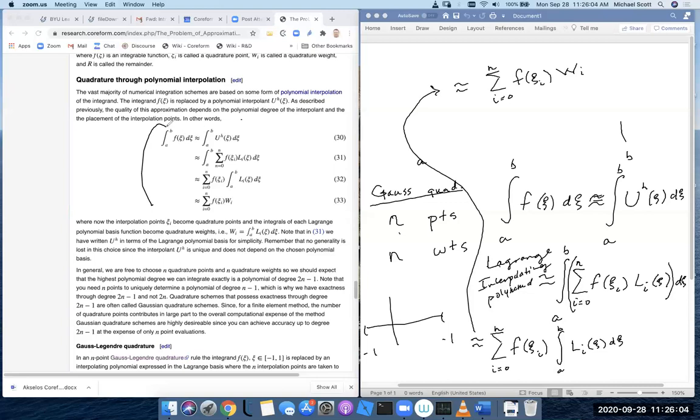But irrespective of that, given an endpoint rule, it generates a particular interpolating polynomial, which then can be interpolated using a Lagrange interpolating polynomial, and that tells you exactly what the weights are. What are the weights, guys?